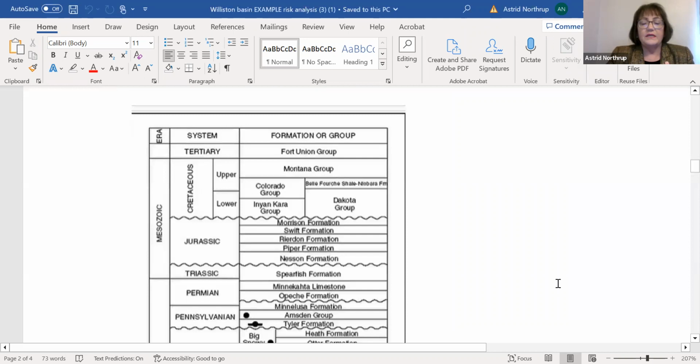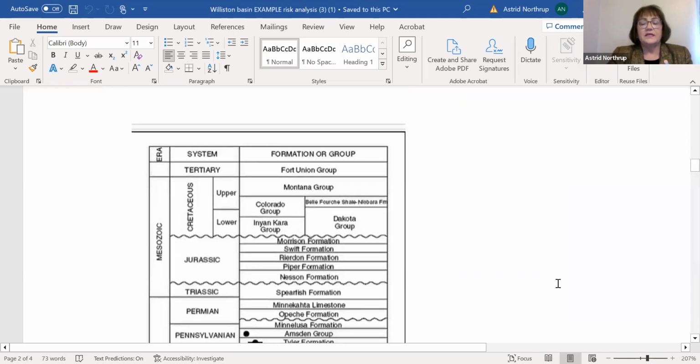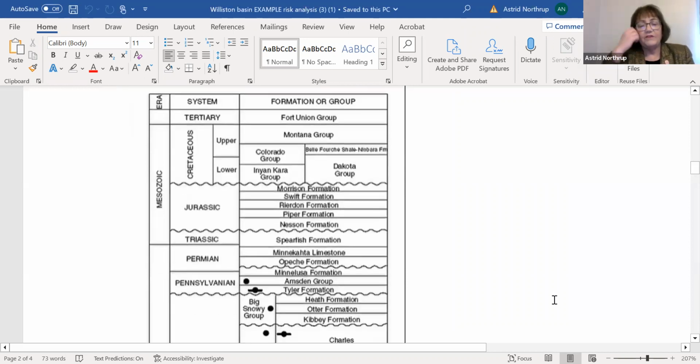But what I'd like to point out here is this is a stratigraphic map of the different formations that occur in the Williston Basin. And everything that has a black circle by it is something that has been known to bear oil. As we go up further, they're younger formations.